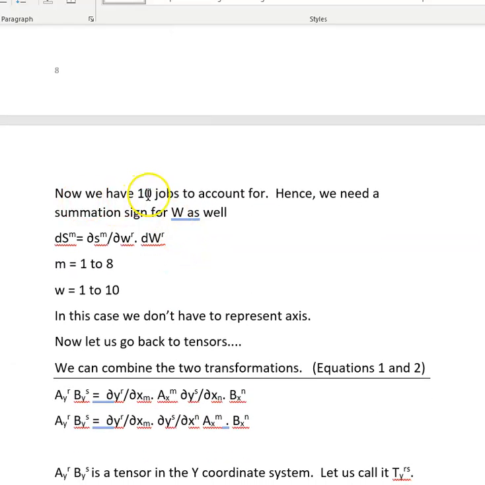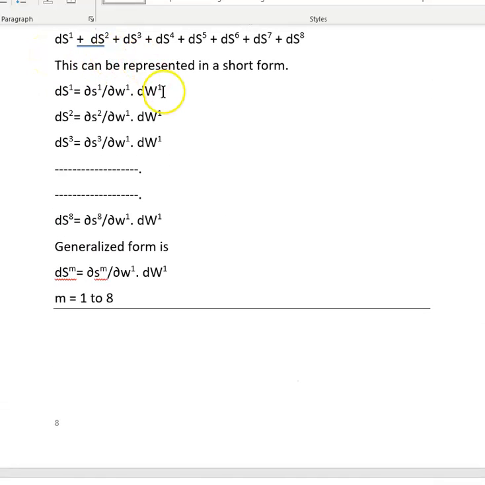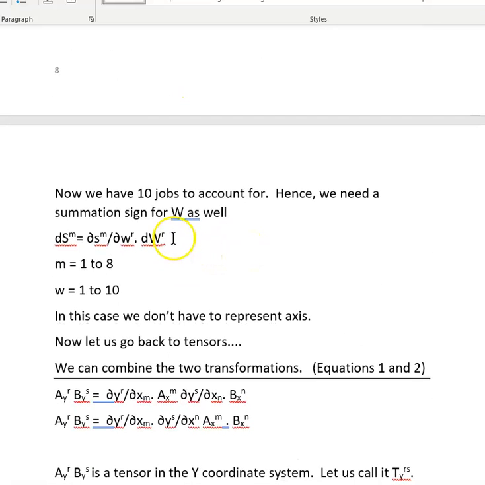Now we have 10 jobs to account for, hence we need a summation sign for W as well. So we could do this for DW2, DW3, DW4, etc. So we need a summation sign for the DW also. So DWR, with M equals 1 to 8 and W equals 1 to 10.